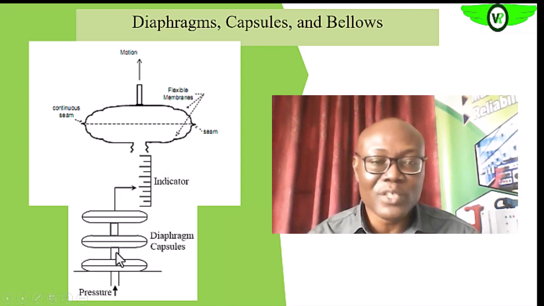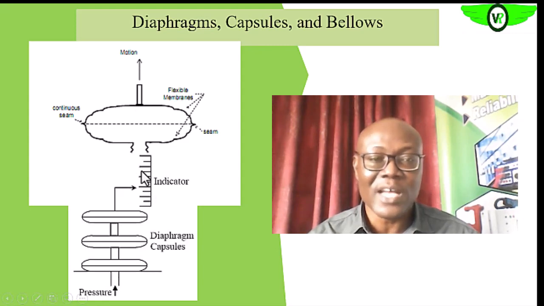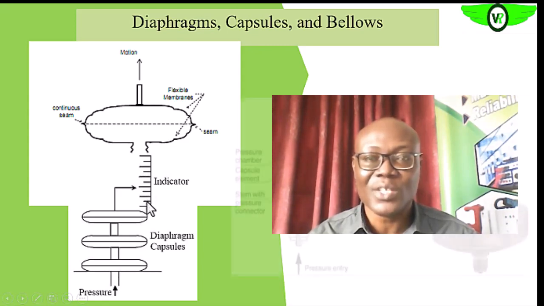So once the pressure in the capsule has increased, you see this movement here. The spindle is attached on the indicator, okay, and then that gives us or registers the pressure. So the capsule is another very simple pressure sensor.